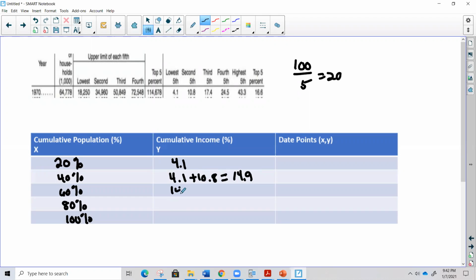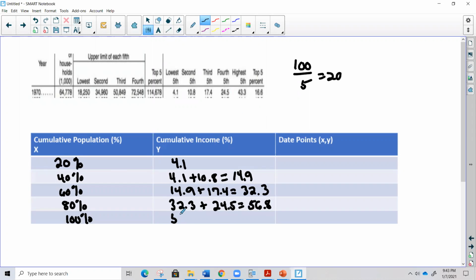Okay, and then I'm going to continue. I'm going to take the 14.9 and add the third fifth, which is 17.4, to get the cumulative percentage. And that gives me 32.3%. And then I'm going to take that 32.3% and add the fourth fifth, which is 24.5, which is 56.8%.